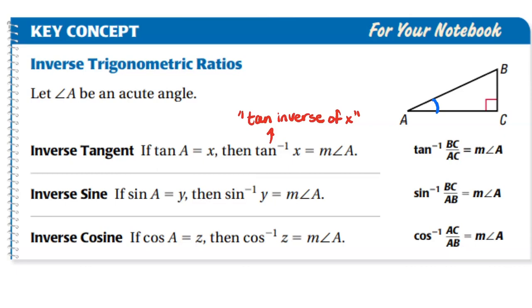That is something different. This is just the notation that they chose to use for this, and it's read as the inverse tangent or tangent inverse of x. I always read it as tan inverse, just because that's the order I see it, but technically it's inverse tangent of x, but either way is fine. So again, don't confuse this with tangent raised to the -1. You should read it as tan inverse or inverse tan.